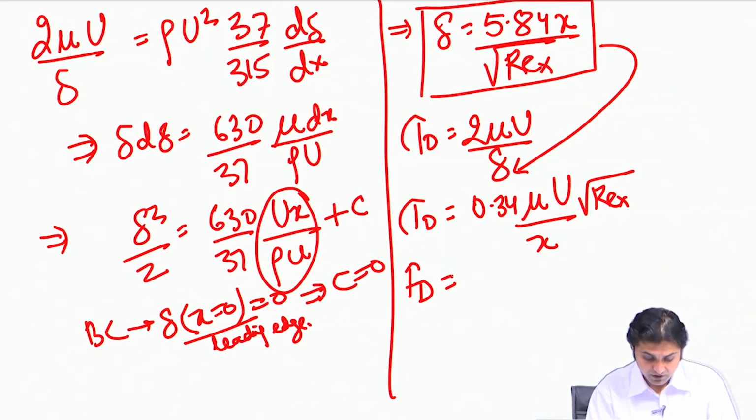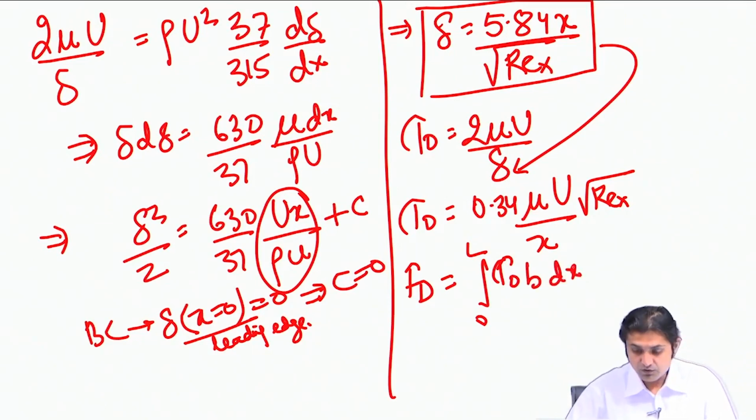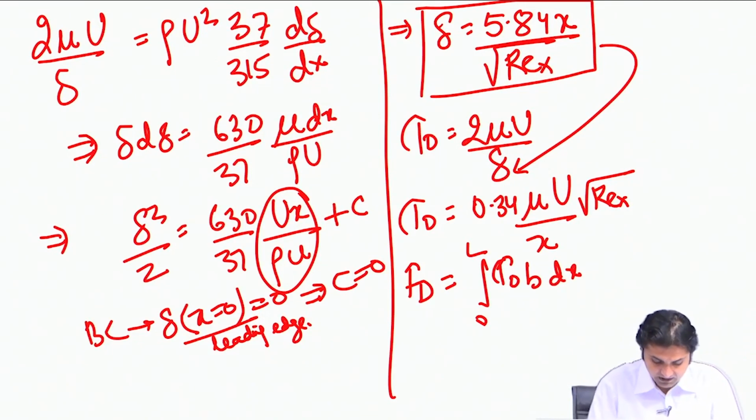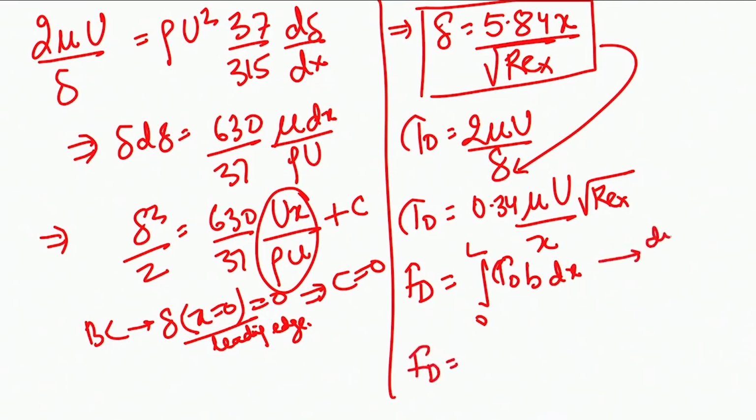Now the drag force is simply the integral from 0 to L of tau naught B dx. If you substitute it in terms of x, you are going to find out, I think you do this at home.